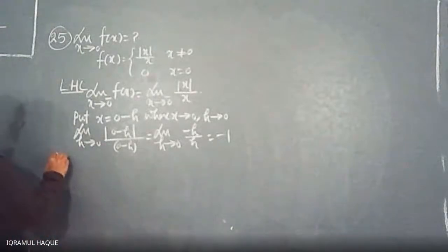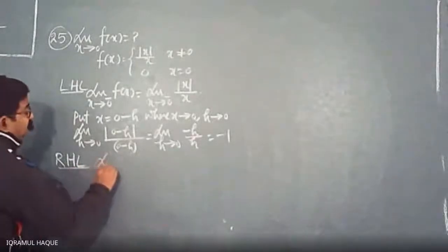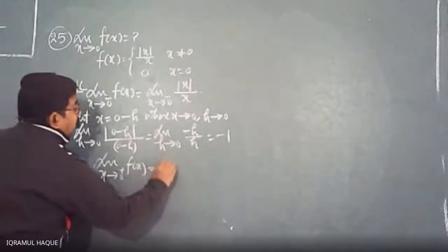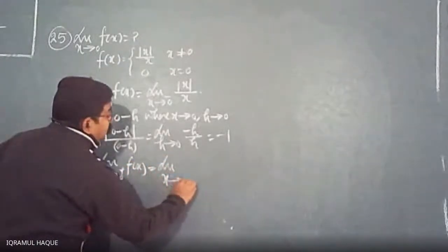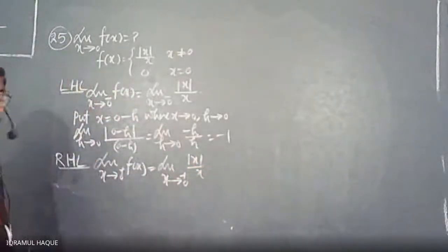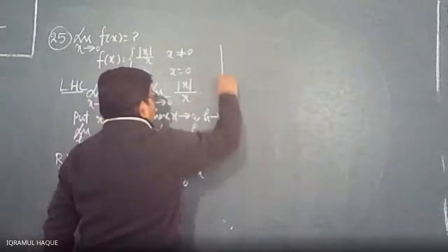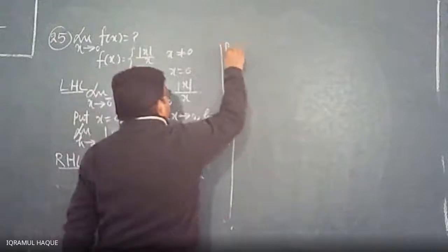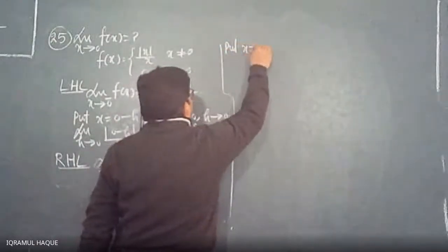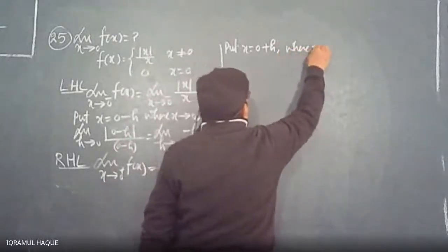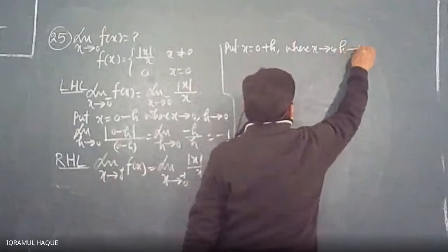Now RHL. Limit x tends to 0 plus f(x) is equal to limit x tends to 0 plus mod of x upon x. So here put x is equal to 0 plus h for RHL, where x tends to 0 and h tends to 0.